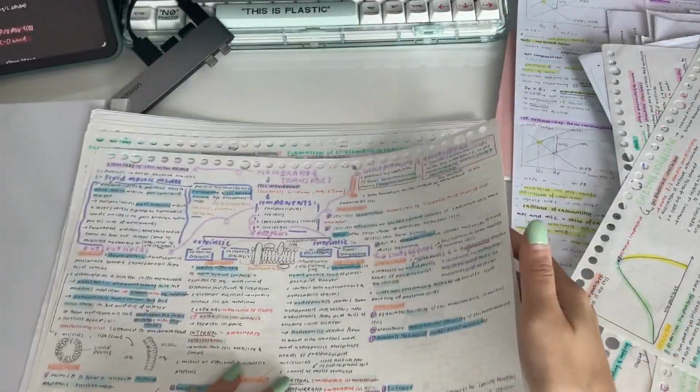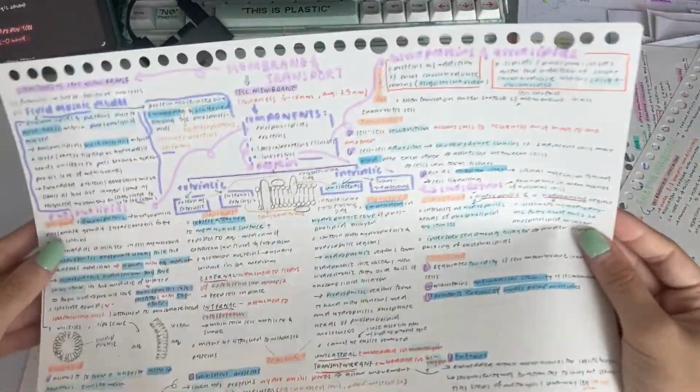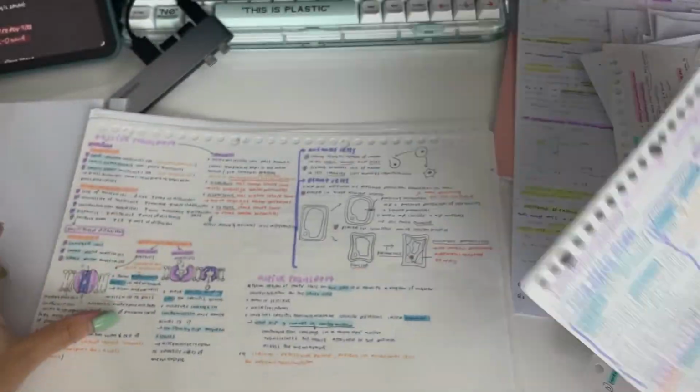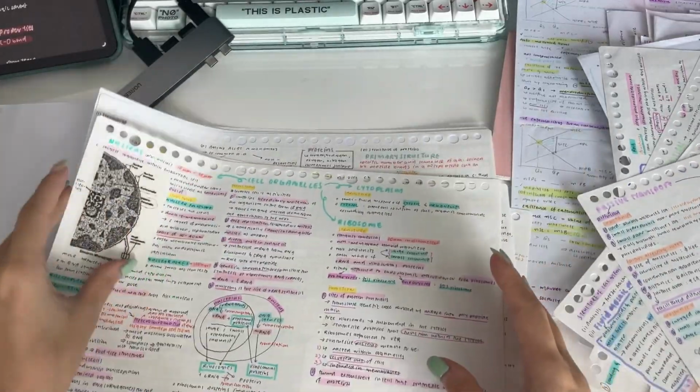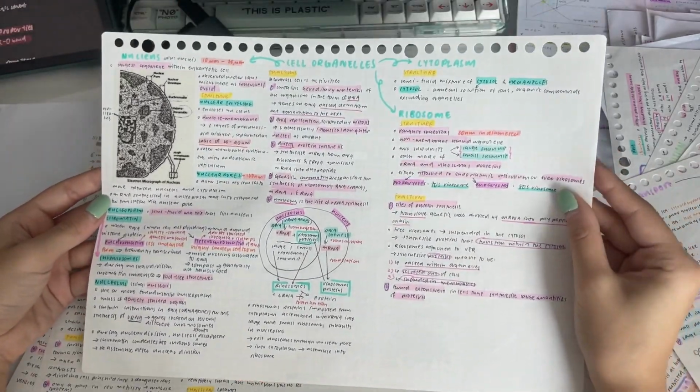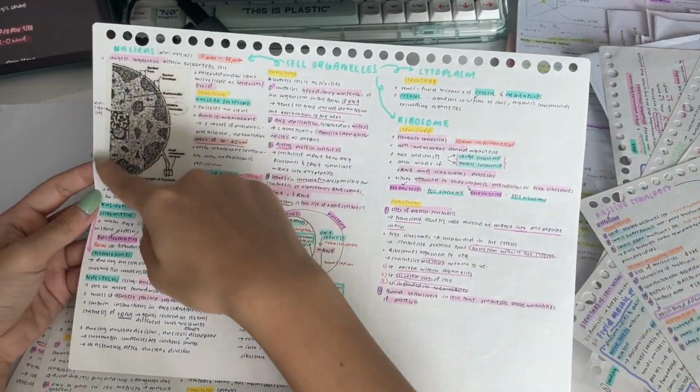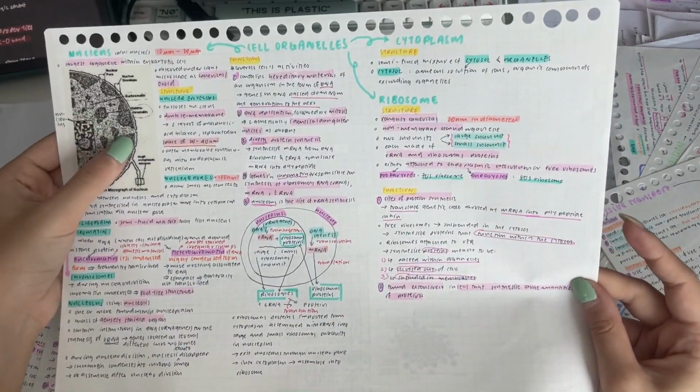Membrane and transport. Cell organelles. And I used my Phomemo printer to print out all these diagrams.